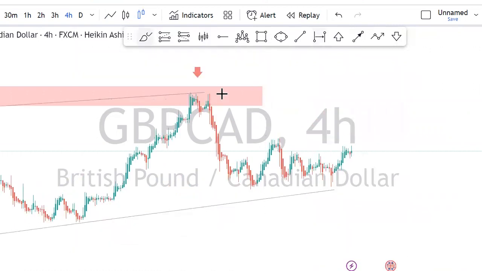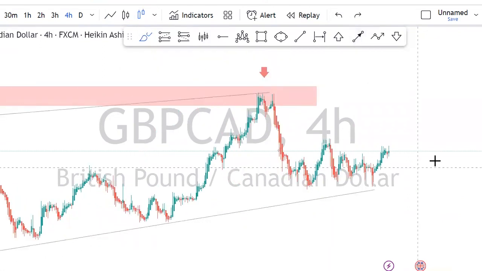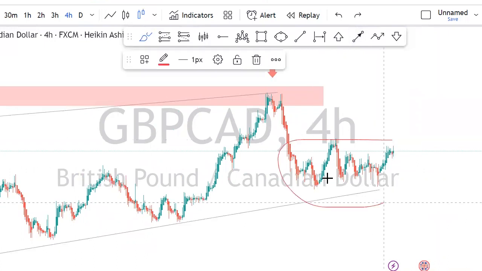As you can see, the price from that point gave us a nice impulse to the downside, followed by this correction right here. So now it's time to focus on the correction, but as you can see, the correction is somehow not looking pretty, right?